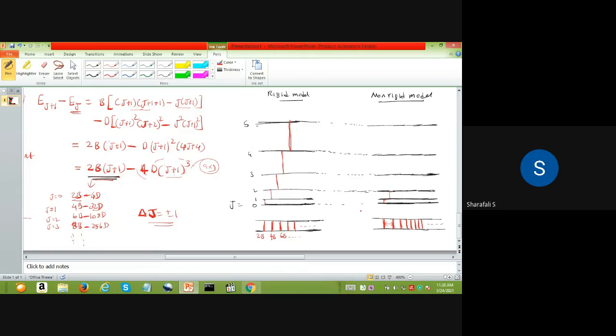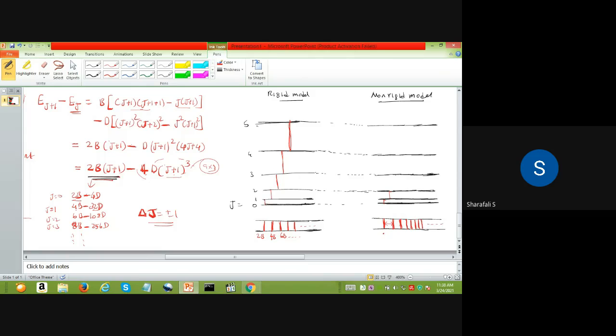The lines are not constant in this case. For the different transitions that we consider, it will not be exactly like this. When you go for higher J values, then it can be observed very clearly, but I have just shown this for the sake of understanding. In the initial stage, it will not be that much different, but at the final end of this spectra, we will be having considerable difference in the separation of different spectra.